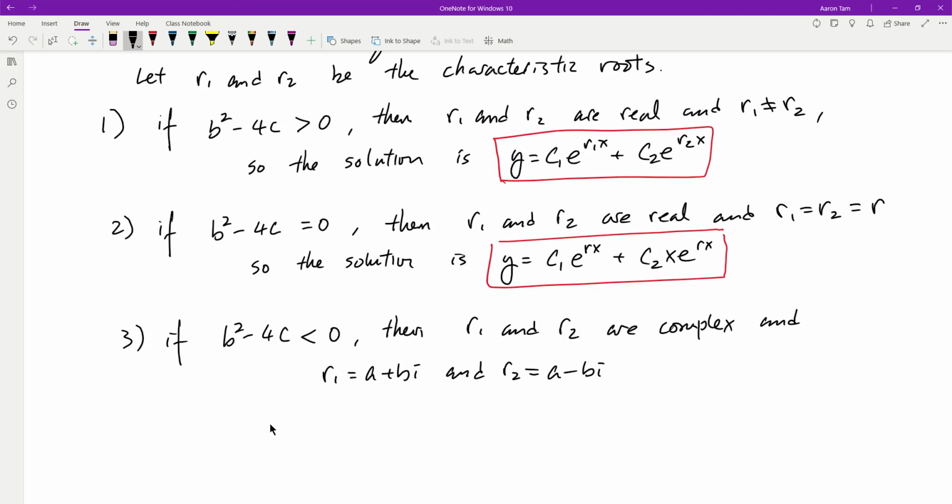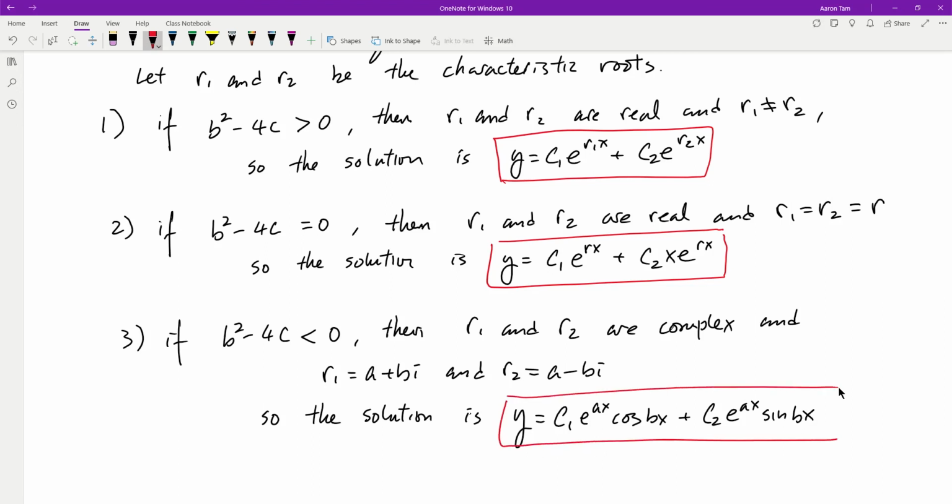And so, what would the solution look like? The solution is actually in the form of y equals C1 e to the ax cosine bx plus C2 e to the ax sine bx. And that's our solution.